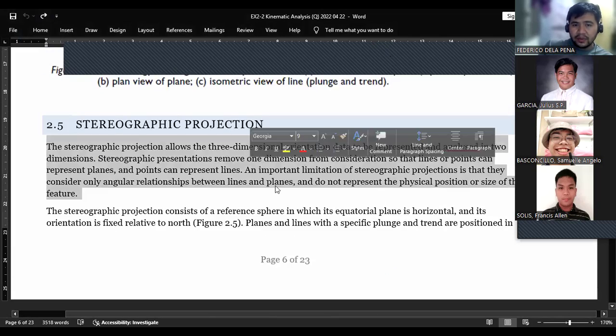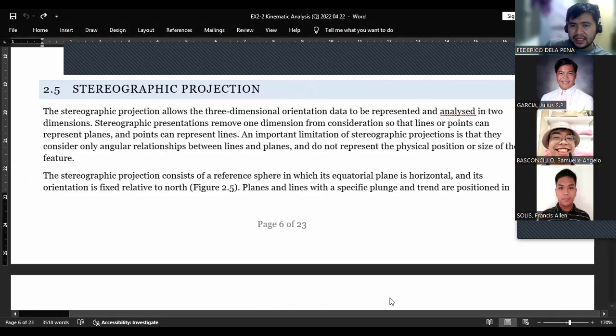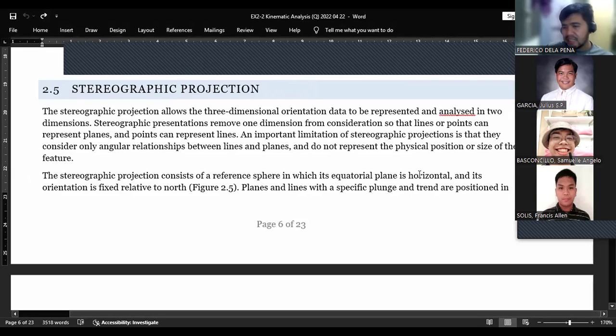Now, since we're doing kinematic analysis, by definition it's just about the analysis of orientations. Kinematic analysis is not limited to the discipline of geology.